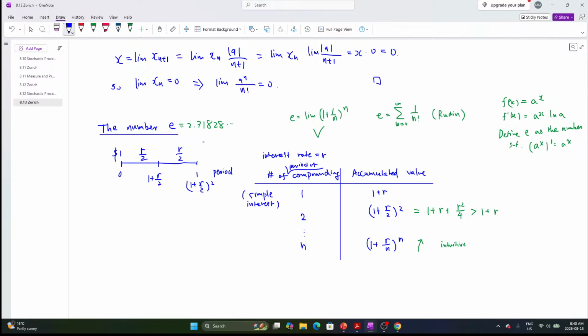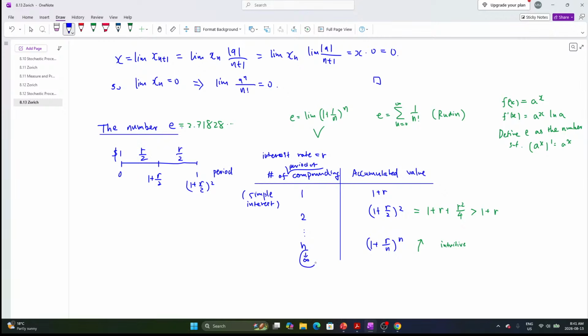It would be great if this sequence increased without bound. Then we could just sit at home all day and stop working. You can just let the compounding do its magic. Of course, compounding is important, but not that powerful.